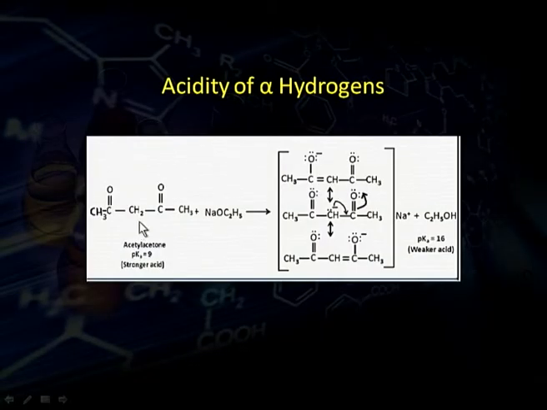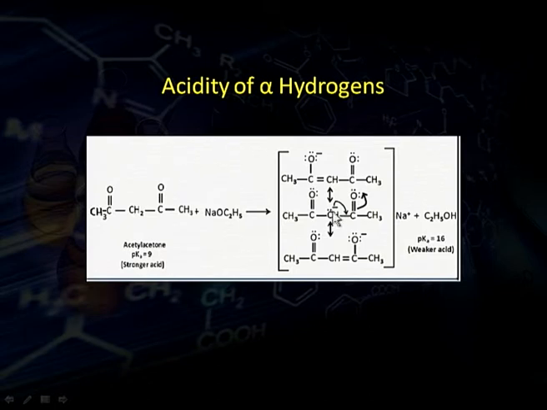This is because of the greater resonance stabilization of the resulting anion by the additional carbonyl group. In acetyl acetone, this CH2 group is flanked on either side by two carbonyl groups, which makes this alpha hydrogen more acidic, and when this is treated with sodium ethoxide, it is converted into an anion.